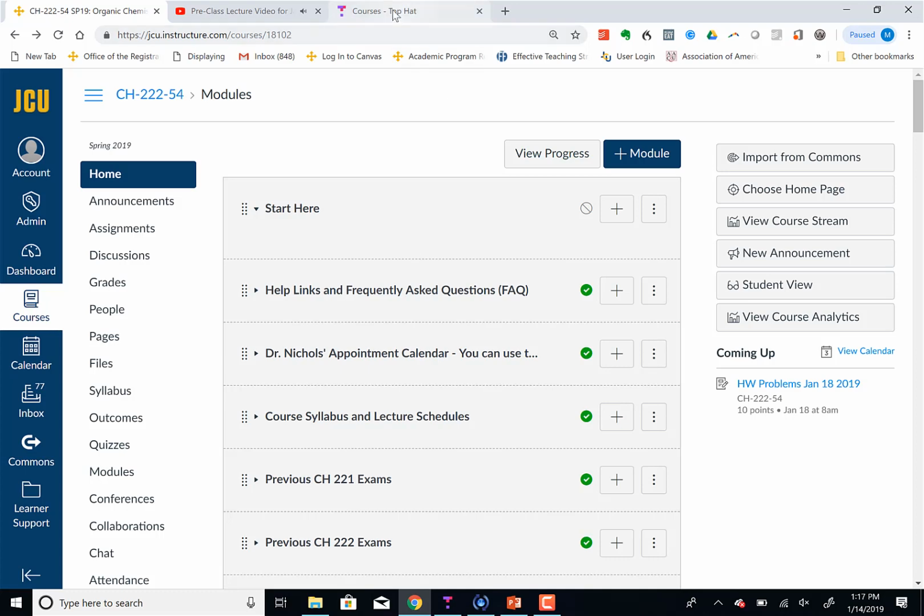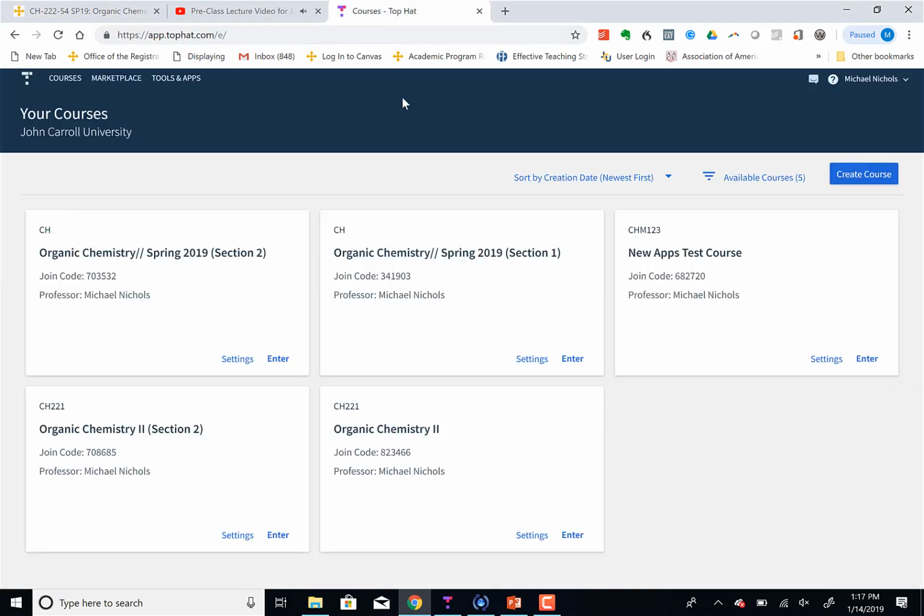So then we go to the textbook, which is Top Hat. A couple of things, because I had to work this out with the company. For those of you who had access to the Organic Chemistry 2 or Organic Chemistry text last semester, you still have access to it, I think.